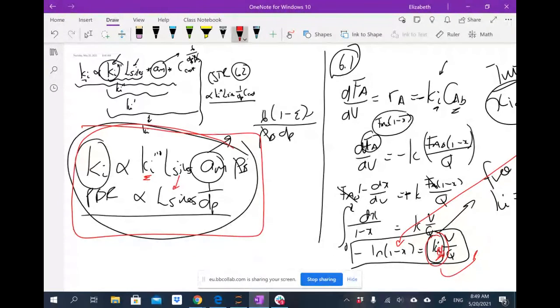Did I change the site density of the sites on the catalyst? Did I change my catalyst particle diameter? If I change the catalyst particle diameter, I changed my Ki double dash, and because I changed Ki dash, I also changed the volumetric rate constant.